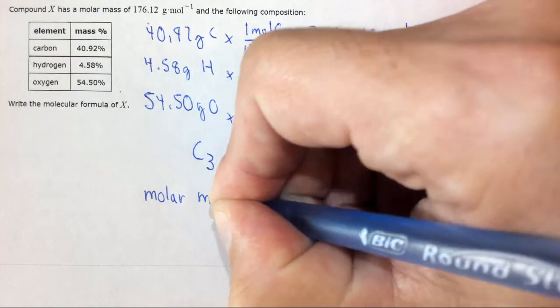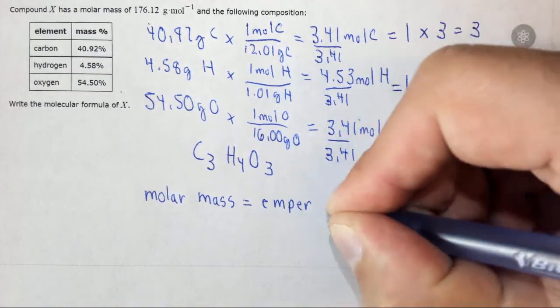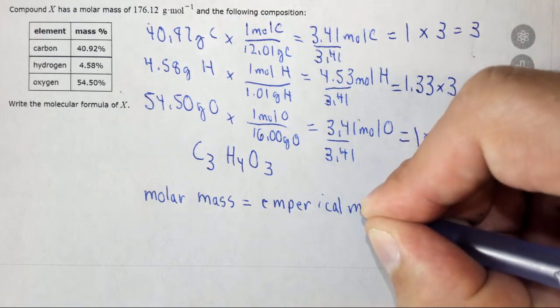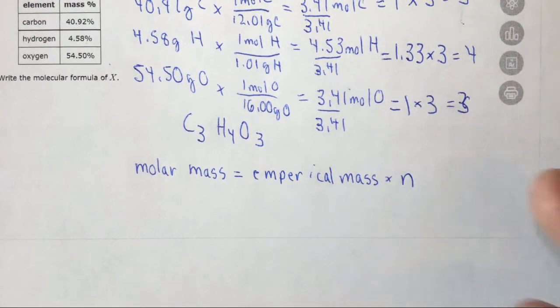So the molar mass is equal to the empirical mass times some integer, which I'll label here as n.